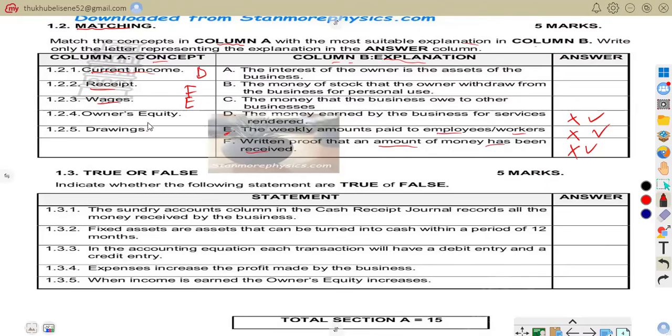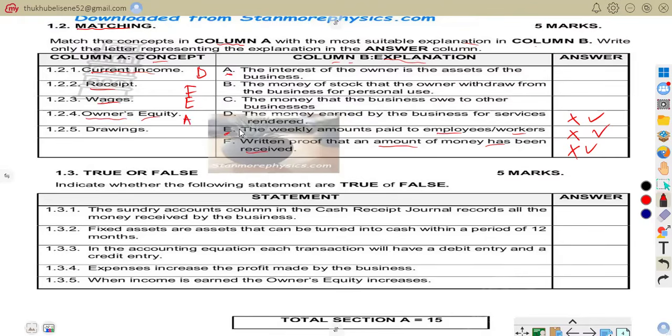1.24, owner's equity. We go through these explanations and try to find the one that matches this concept, owner's equity. You can see that A is correct.